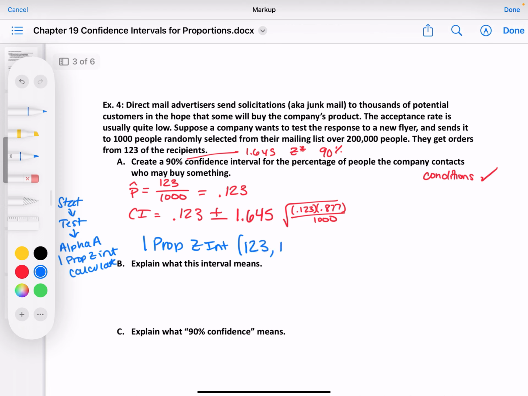Then it'll ask for the total number that you're dealing with, and then the confidence level that you're looking for, which is 90% or 0.9. When you type that in, it'll give you parentheses with 2 decimal numbers. You can either leave them as decimals or change them to percents. Make sure you know how to find it.